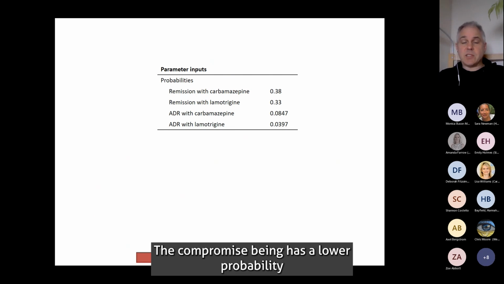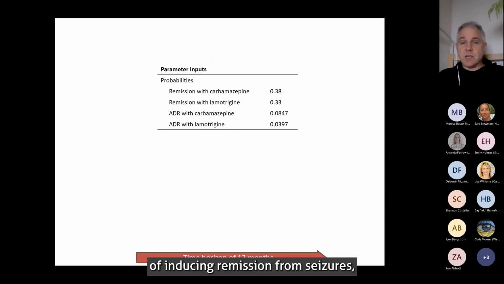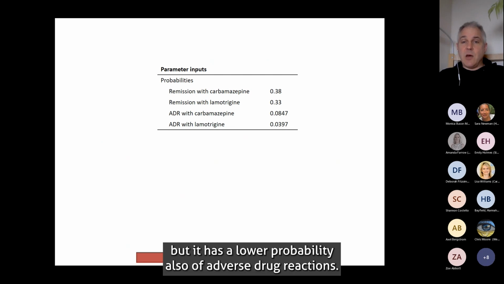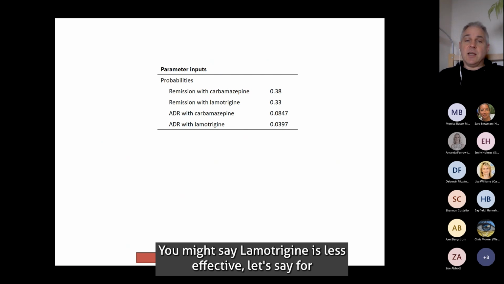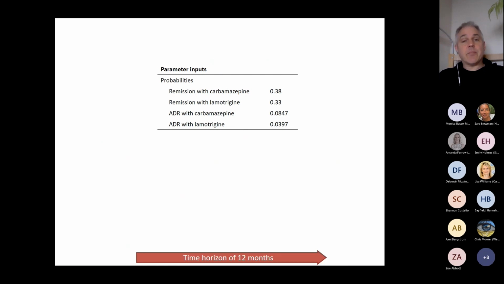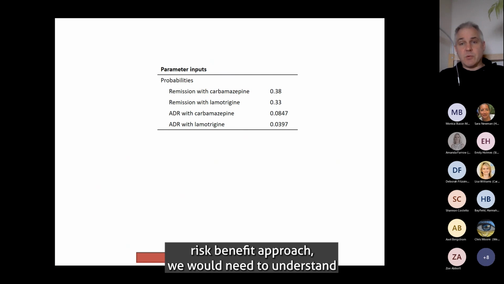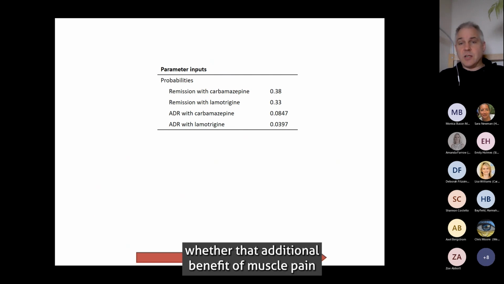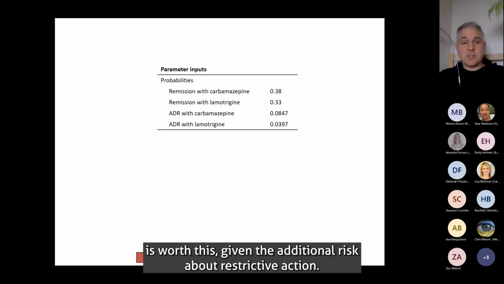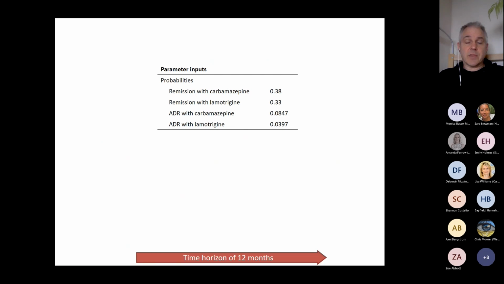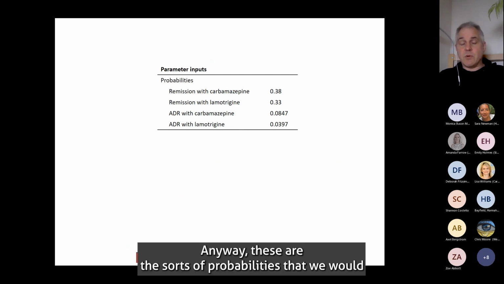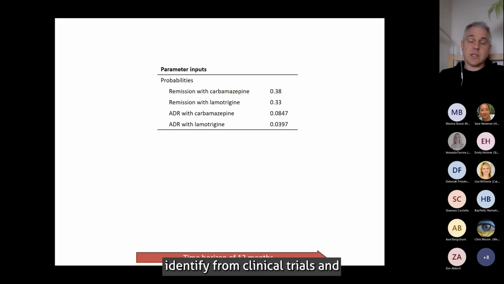It has a lower probability of inducing remission from seizures, but it also has a lower probability of adverse drug reactions. You might say lamotrigine is less effective, but safer. And I guess from a risk-benefit approach, we would need to understand whether that additional benefit of carbamazepine is worth it, given the additional risk of adverse drug reaction. Anyway, these are the sorts of probabilities that we would identify from clinical trials and meta-analyses of clinical trials.